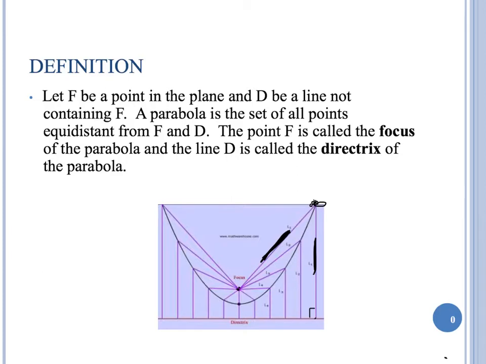And every place that that happens, we are going to get our parabola. So this focus is a really important spot, as is the directrix, and we're going to be studying how we obtain that information from our equations.